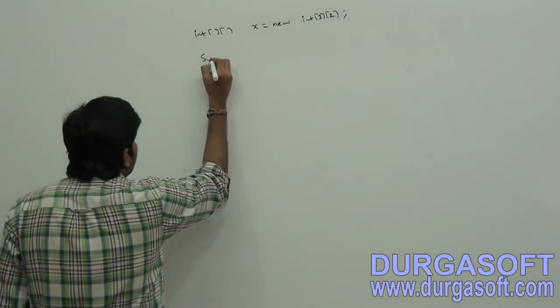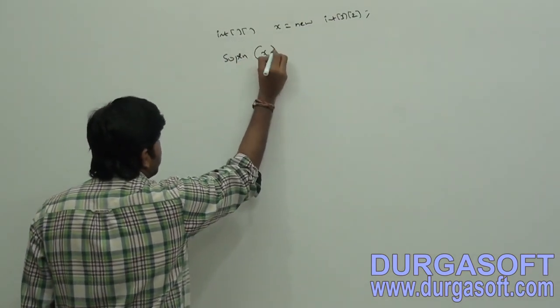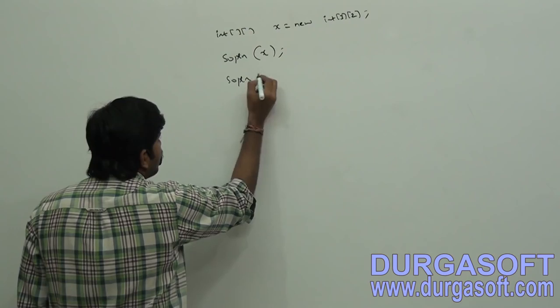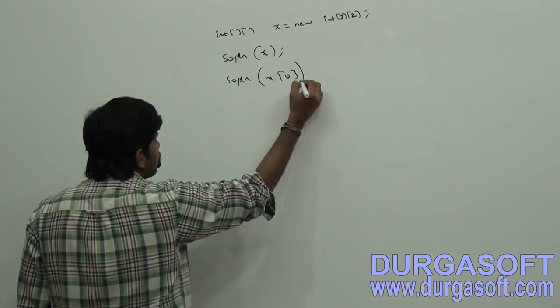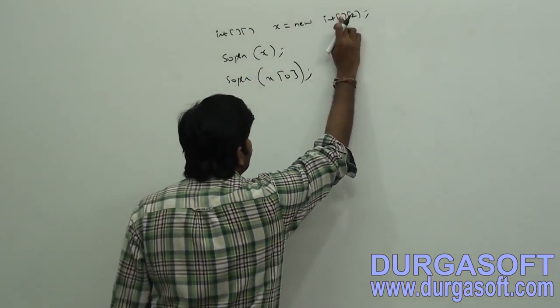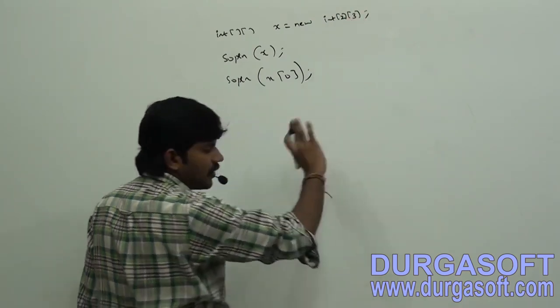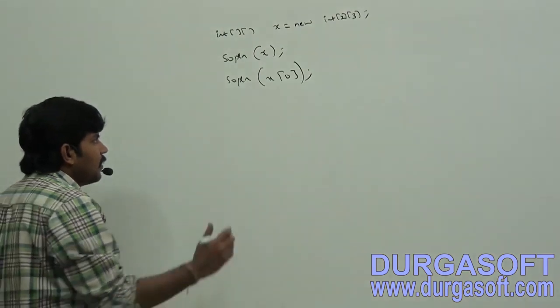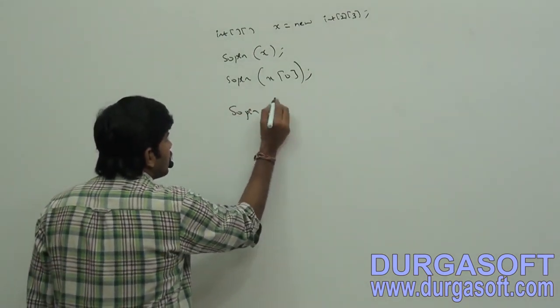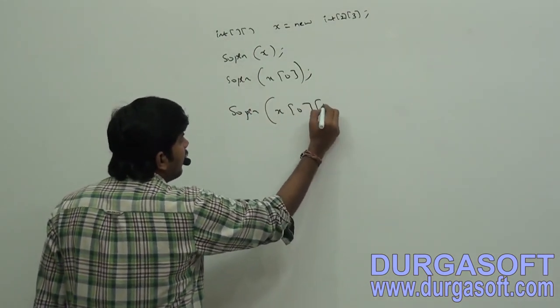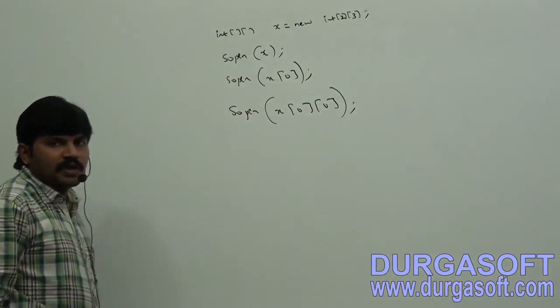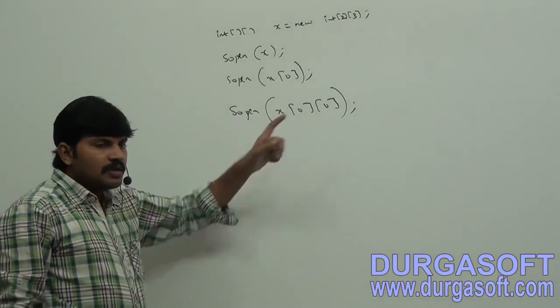Now I'm taking System.out.println of x, System.out.println of x of 0, x of 0 0. Here base size 2, next level size is 3, no problem, either 2 3 or 3 2, no issue.